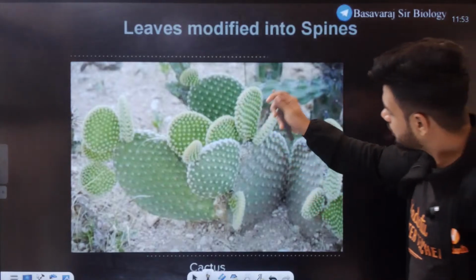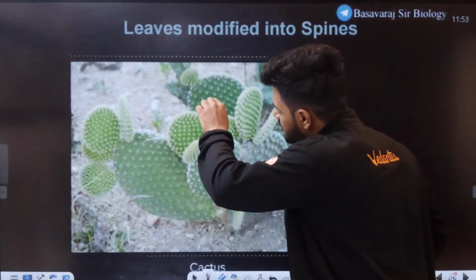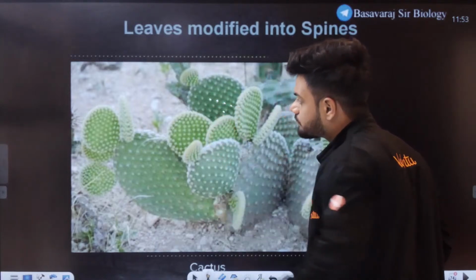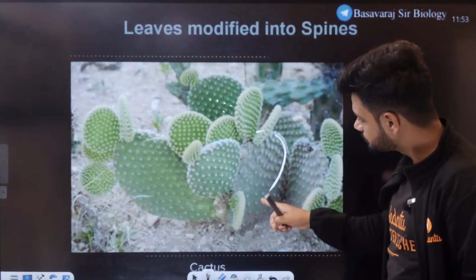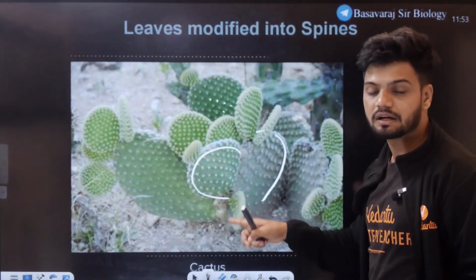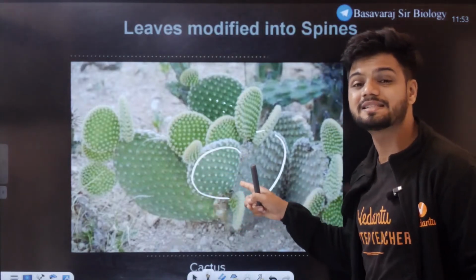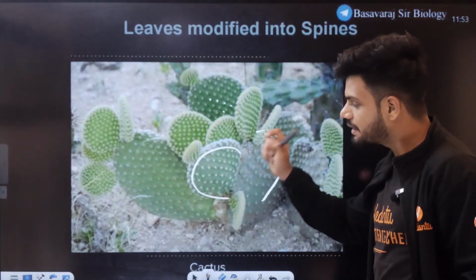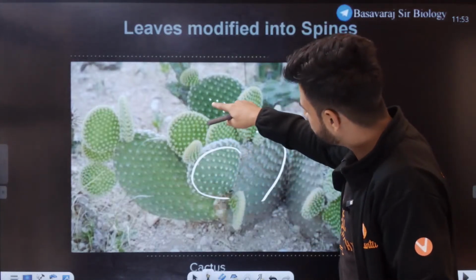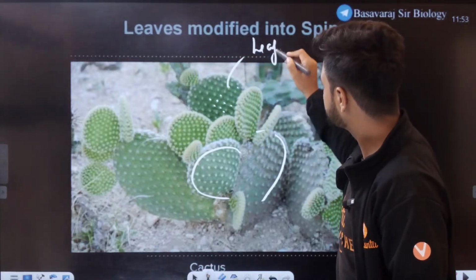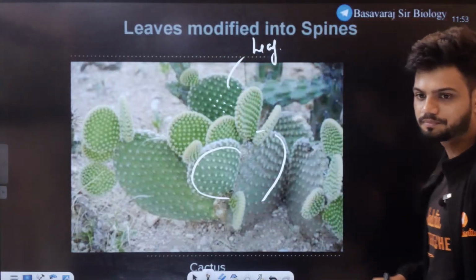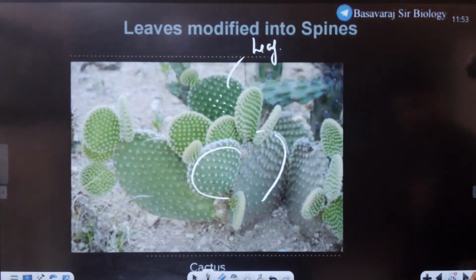Can you see? Here, all this tiny dot, that is the leaf. Then what is this green color part, students? This green color part is the phylloclade, the stem. So this green color part is the stem. This dot is the leaf. Reduced leaf.